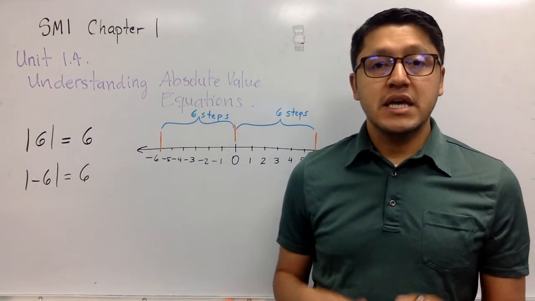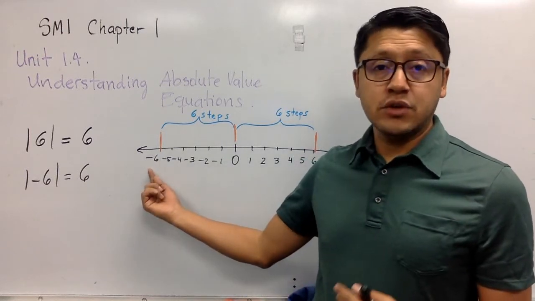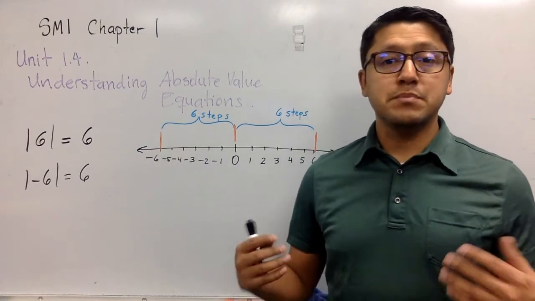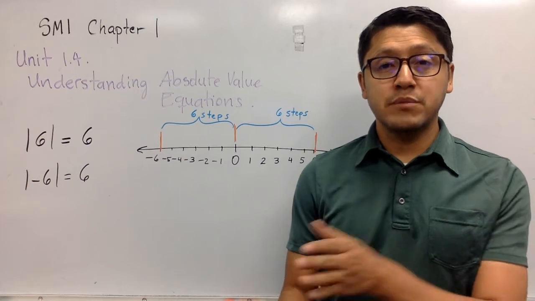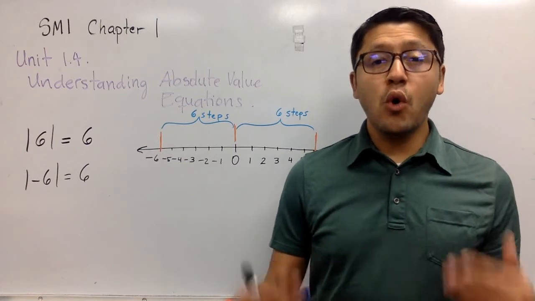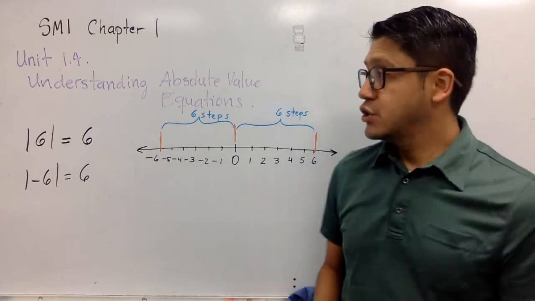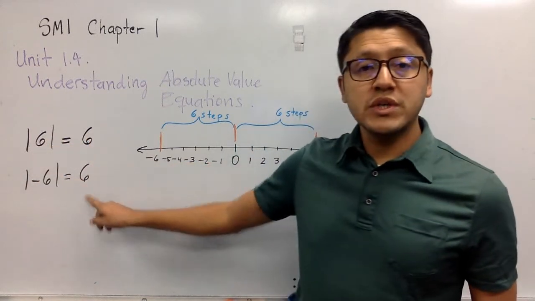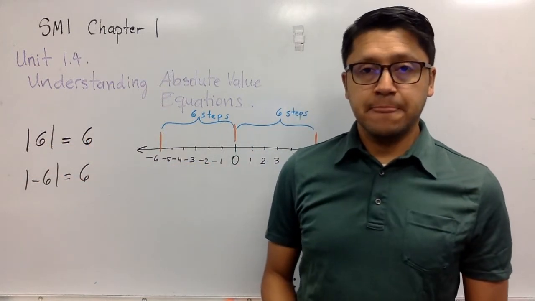Same thing. Even though you're standing on the negative side, you're still counting steps, which means it's a positive value. So you go from -6 to 0, you also count 6 steps. That is why whenever you apply absolute value, you will always get a positive in return.